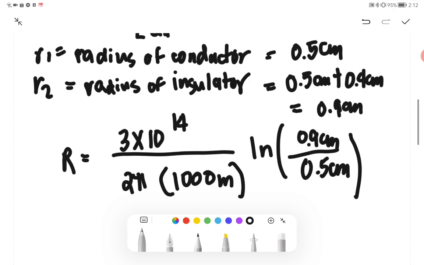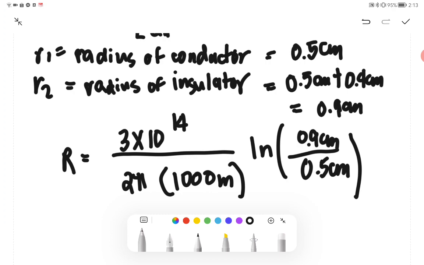Okay? Right, so we will use our calculator. We have 3 times 10 raised to 14 all over 2 pi multiplied by 1,000 ln 0.9 all over 0.5.